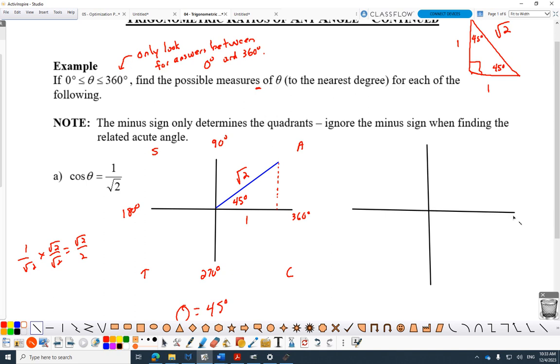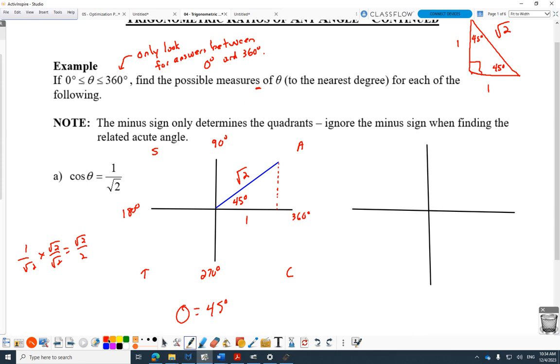Now, build the trig playground properly. I'm talking to me, not you. Teach properly. If you're having trouble with these, build your beautiful trig playground. Take the time to go, okay, this is 90, this is 180, this is 270, this is 360. Maybe you don't think you need it, and maybe in some questions you don't need the whole playground.